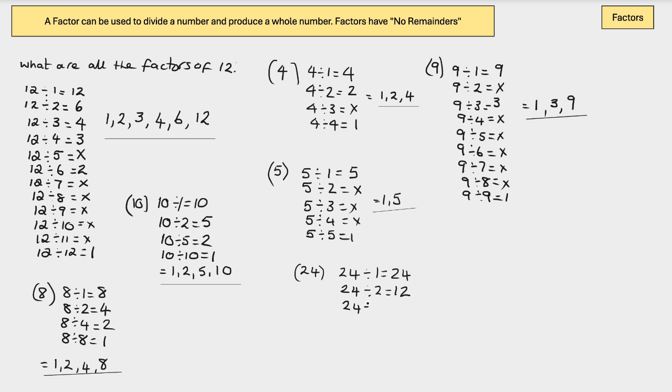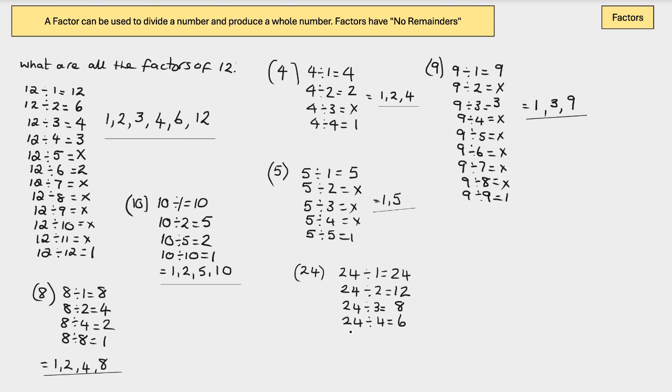24 divided by 3 equals 8, because 8 times 3 is 24. 24 divided by 4 equals 6. 6 times 4 is 24.